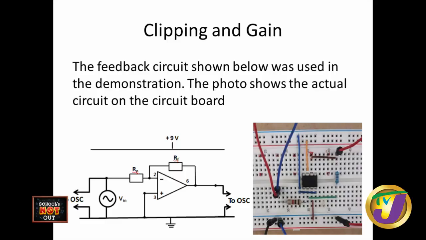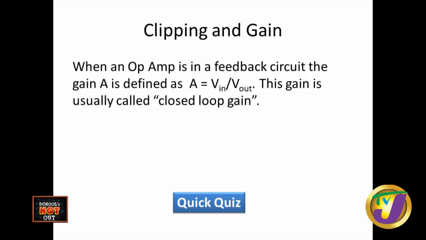When an op-amp is in a feedback circuit, the gain is defined as the input divided by the output, right? Sorry, I have it incorrect here. My apologies, I want to correct myself. It's out divided by in. That's the gain.